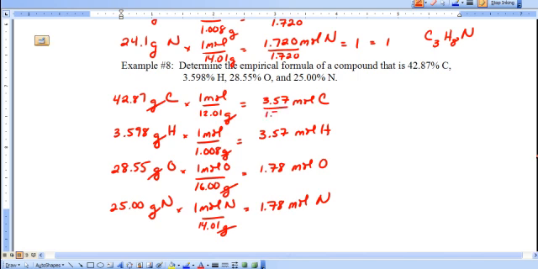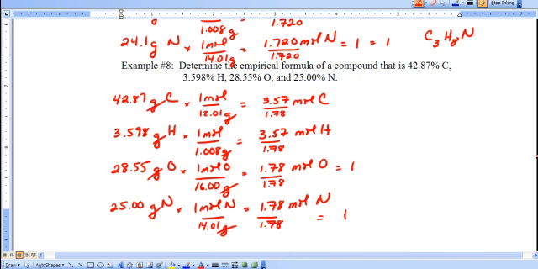So we divide through by 1.78, 1.78, 1.78, and 1.78, and of course these bottom two are going to be ones, and the 3.57 divided by the 1.78 is going to be approximately 2, it won't be exact.